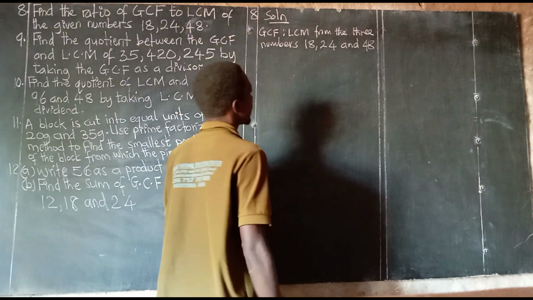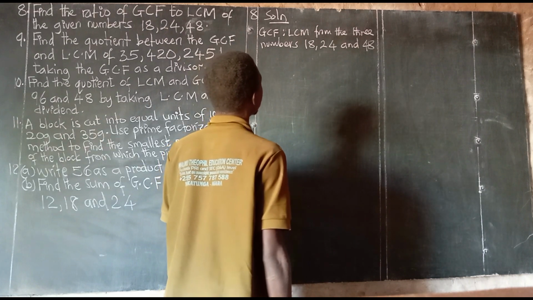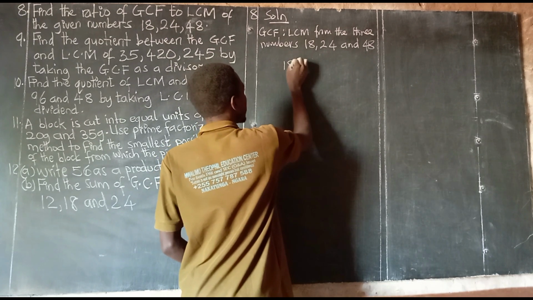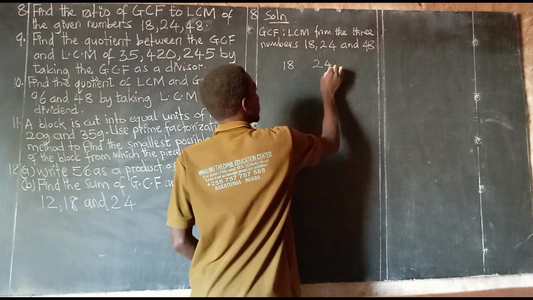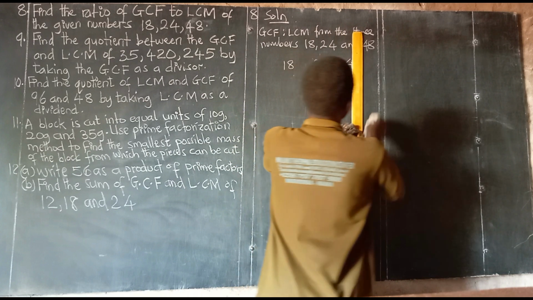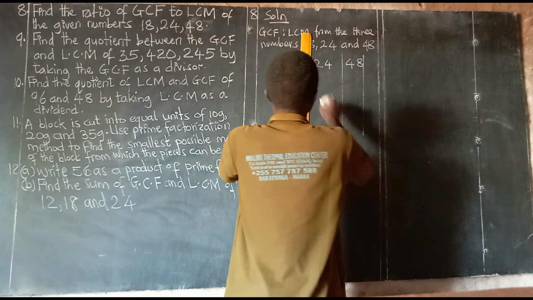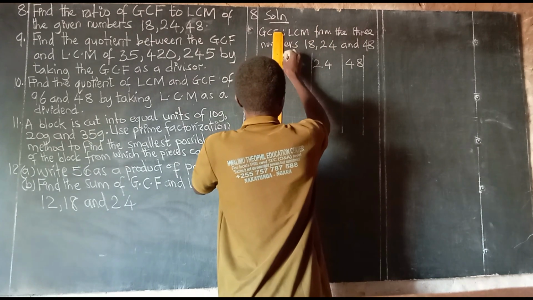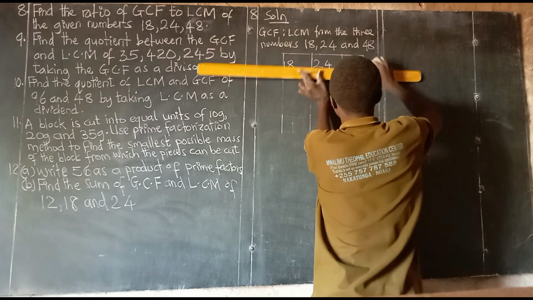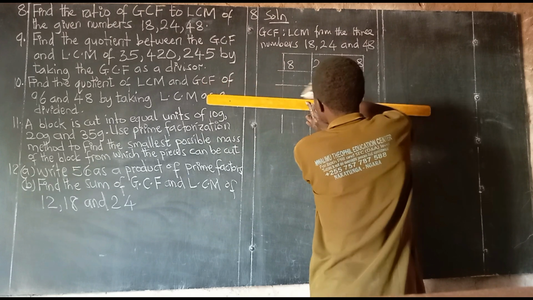The same, I am going to use the prime factors as I have been doing in the previous questions. So here I am going to arrange 18, 24, and 48. After that, I'm going to plot the vertical and horizontal lines, and then I will start using the prime factors to get the answer.